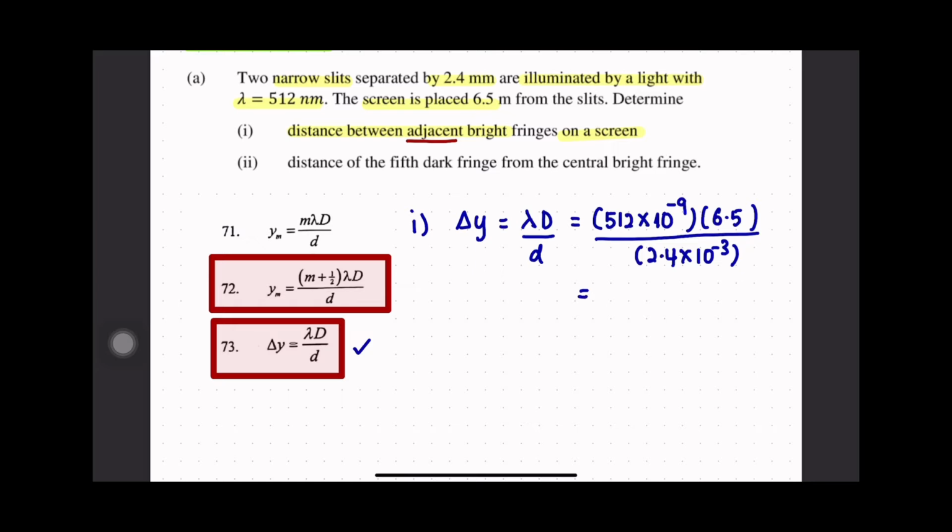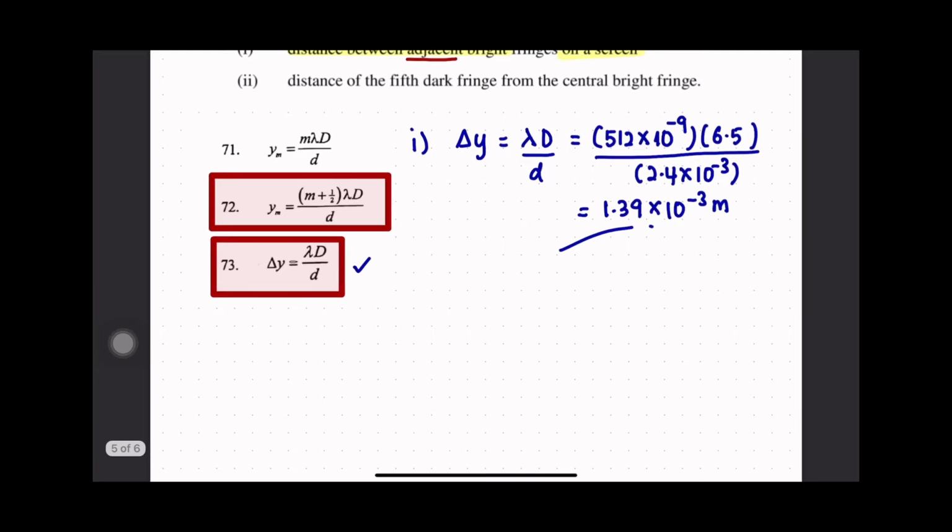So the answer is 1.3986, so 1.39 times 10 to the power of negative 3 meter.